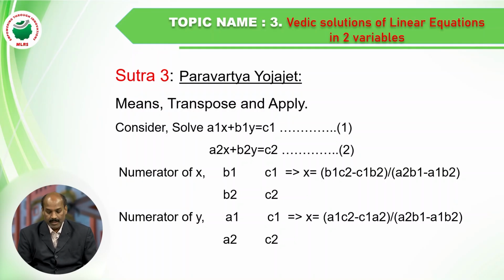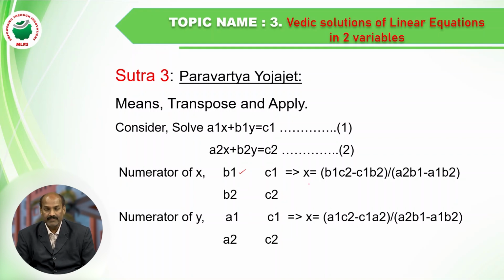Now in this, we write the numerator of x and the numerator of y. To write the numerator of x, you remove the x column, and write the coefficients of the other columns. We have three columns. The remaining two columns are b1, b2 and c1, c2.